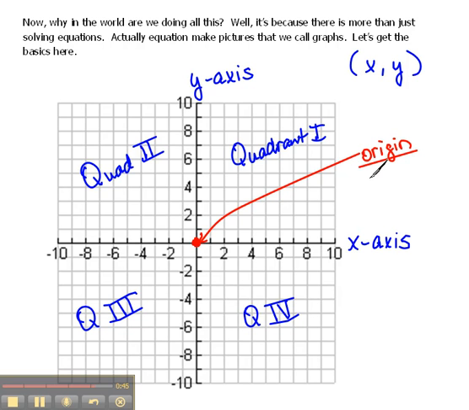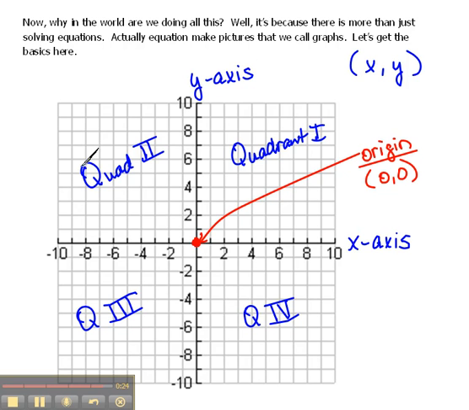Same thing with this. So we start from this origin. That has an x value of 0, right? If we were just looking at the x-axis here, just that number line, that would be a 0 in the x. And for our y, again, that would be a 0 too. So this is our starting point, the origin.